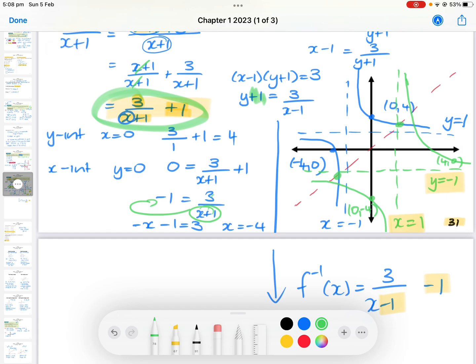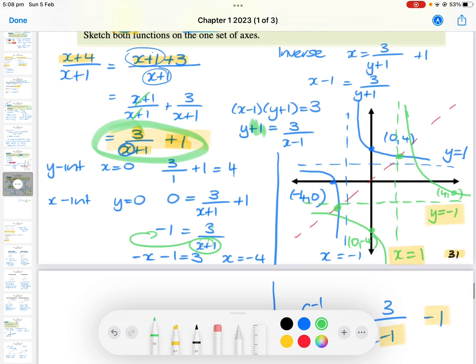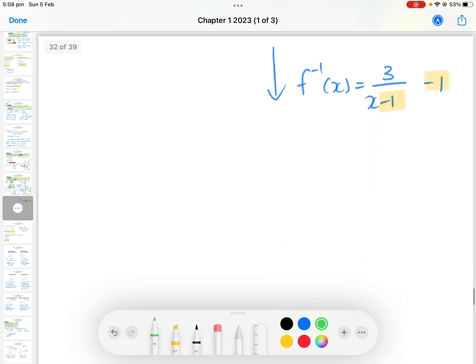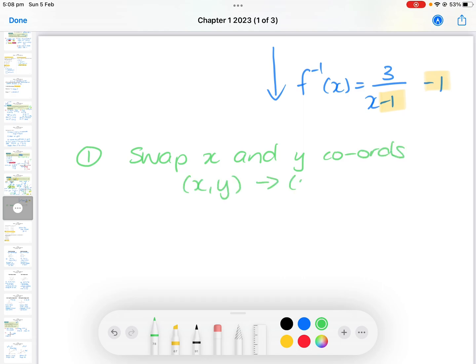Always a bit of a struggle if we get you to draw those on SACs or tests because they are very hard to mark. But the important things are, if we remember nothing else, when we're graphing: one, swap x and y coordinates, so (x, y) goes to (y, x). The next important thing is they meet on y = x.